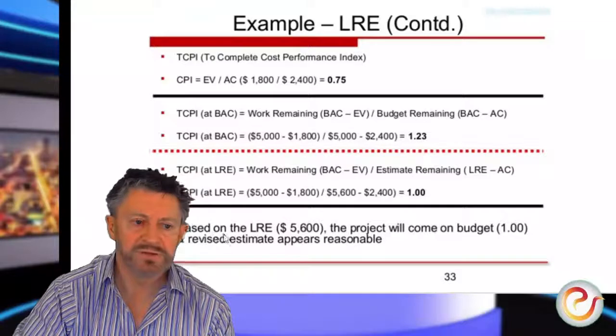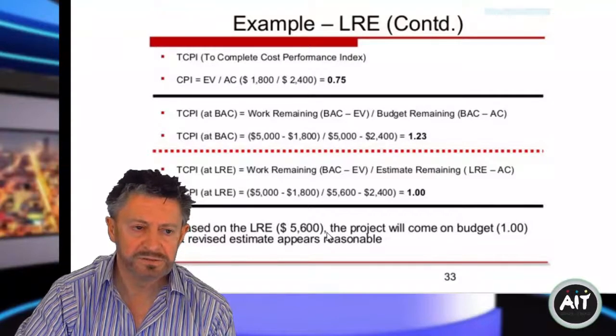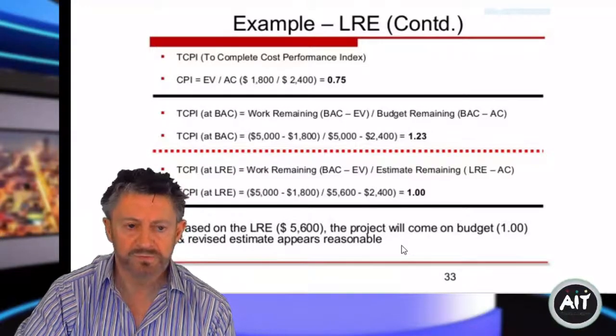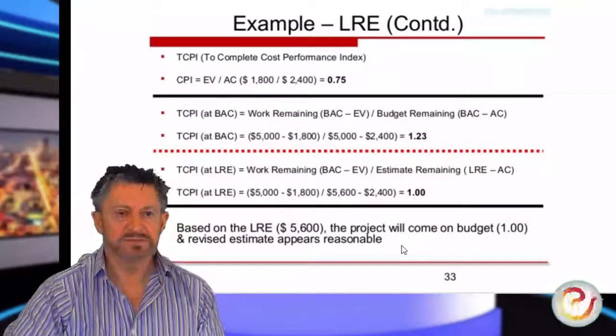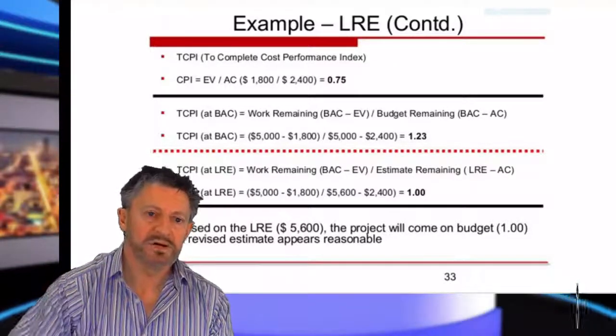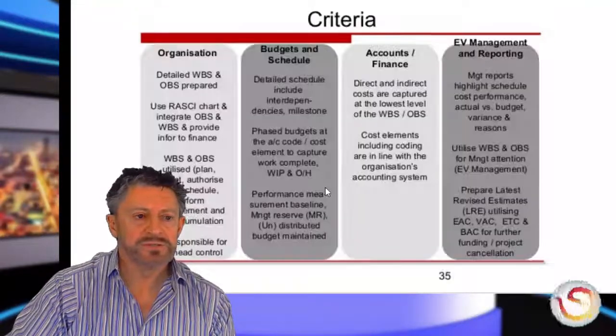So we can see based on the latest revised estimate, 5,600 dollars, the project will come in on budget at that. So the revised estimate appears reasonable. So we can basically say that if we continue as is, we could recover this and come in on schedule. Could.